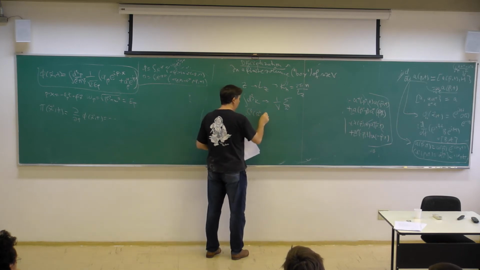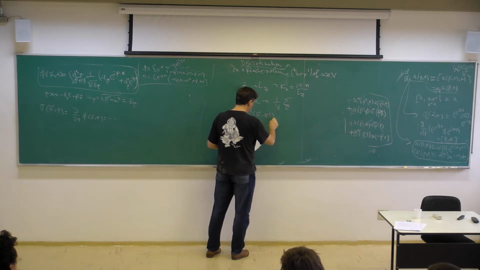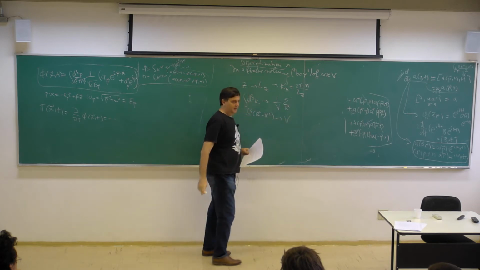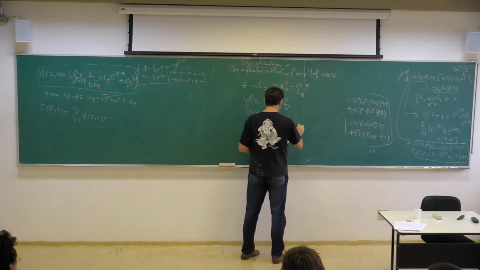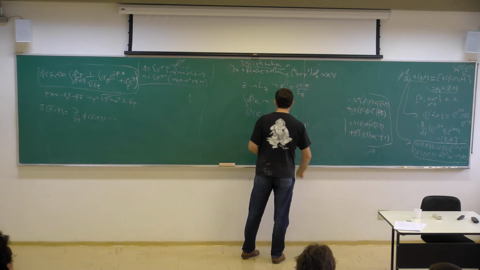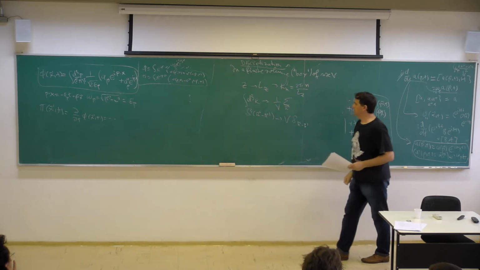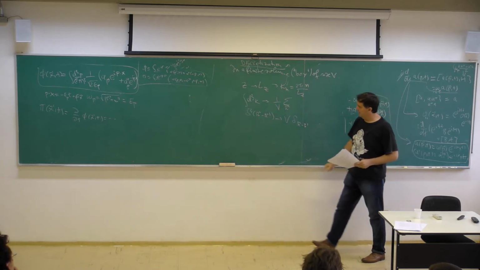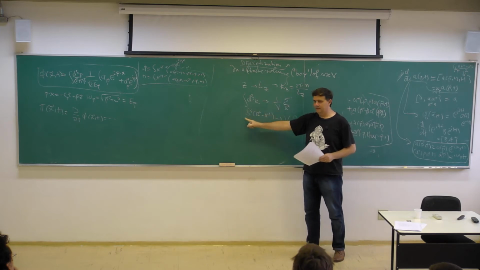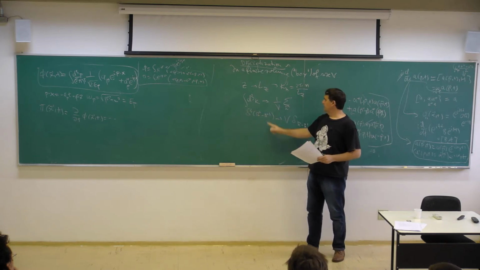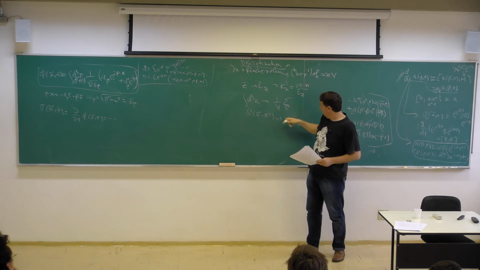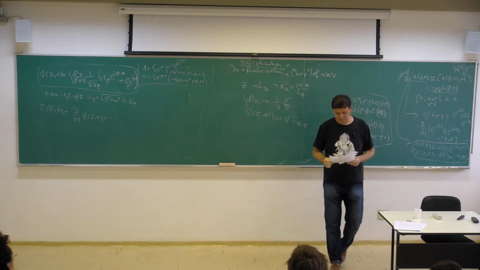And then the delta function of k minus k prime becomes V delta k minus k prime, right? Because this is integrated over k to be 1. So I take the product of these two things, I need to get 1, right?